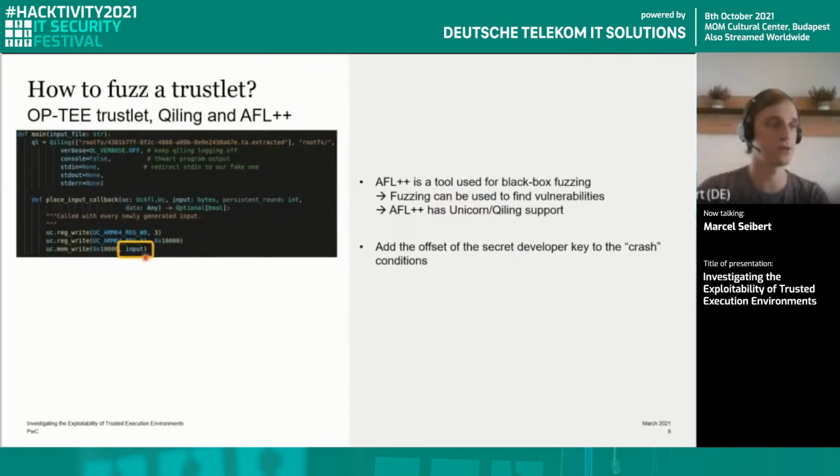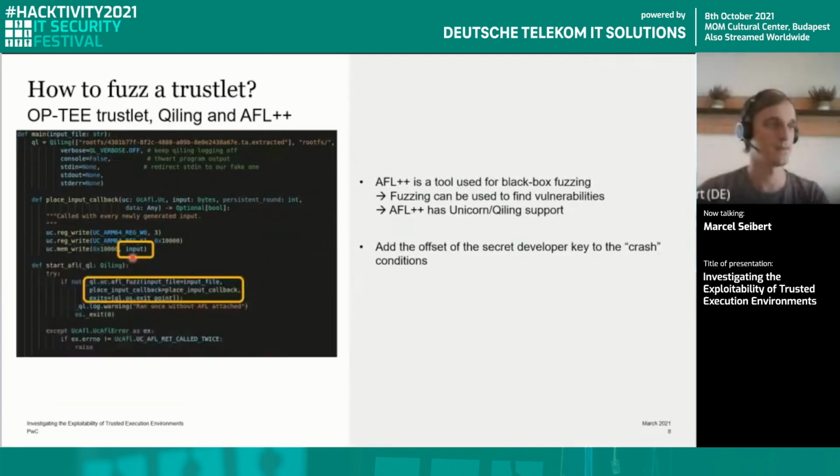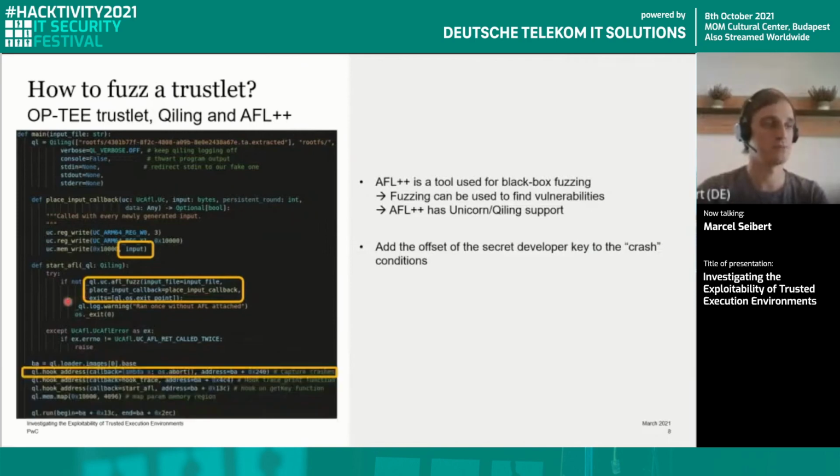So instead of directly giving it a correct value of 1, 2, 3, or so on, we would just give it this input parameter that it permutates on each call. After that, we have to start AFL, of course, give it this input file and also our place input callback.